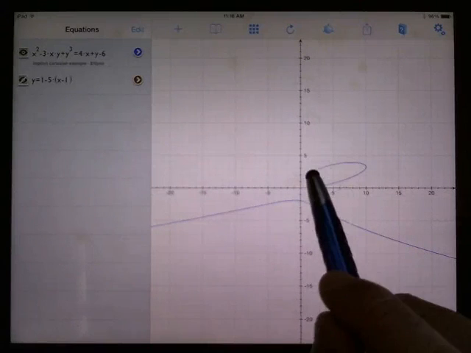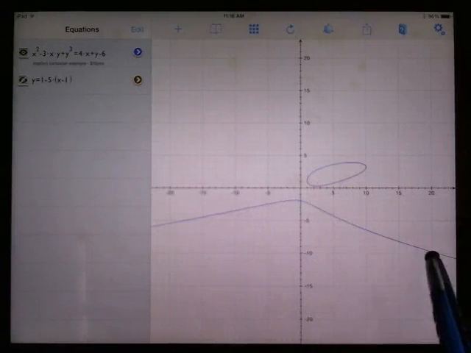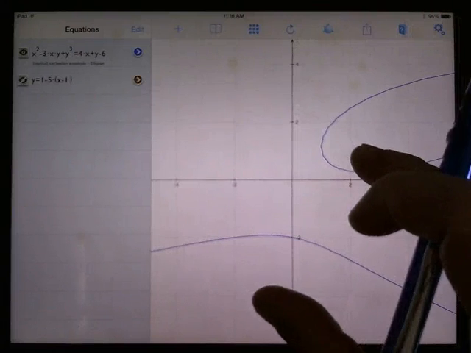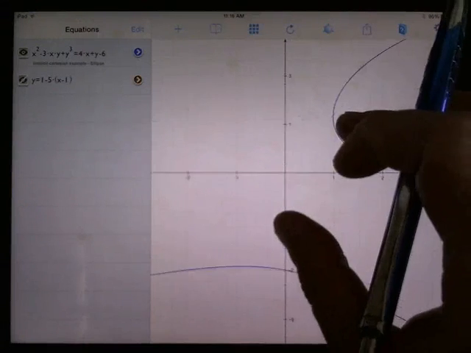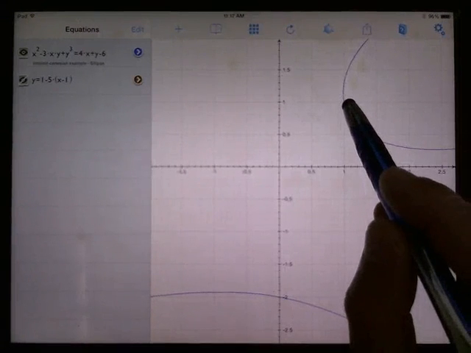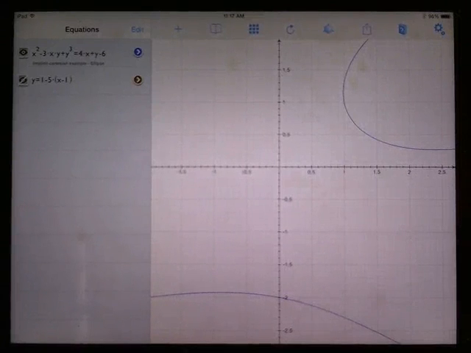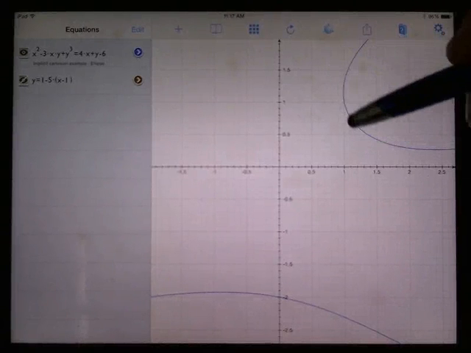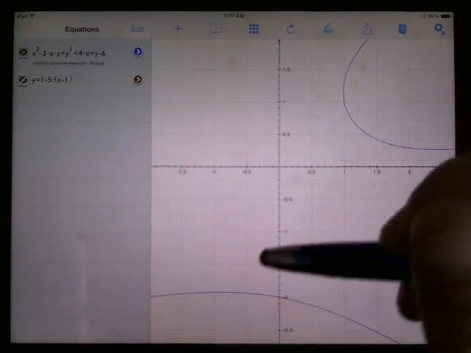It's got this kind of loop up there and then something down here. And I noticed that the point (1, 1), yeah, right there, is in fact on the curve. It's got a fairly steep negative slope at that point.